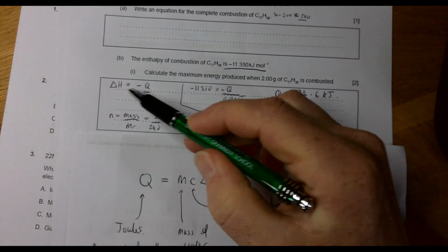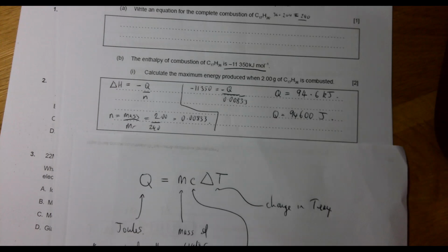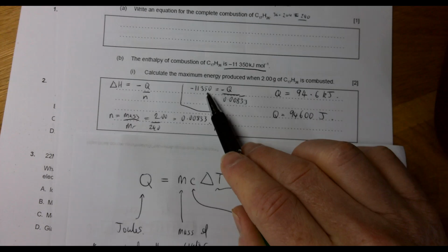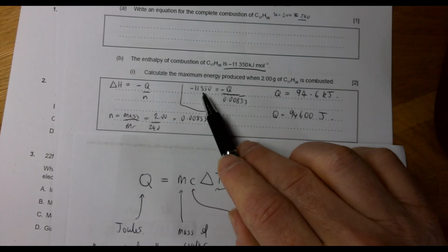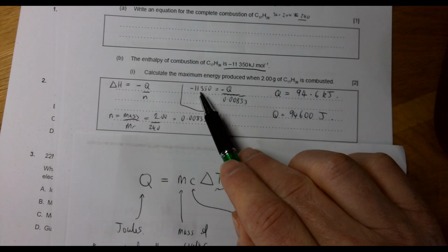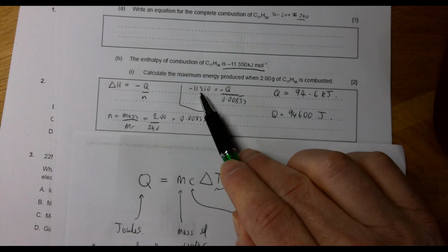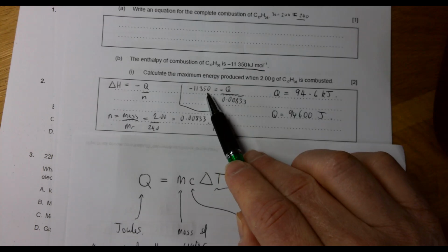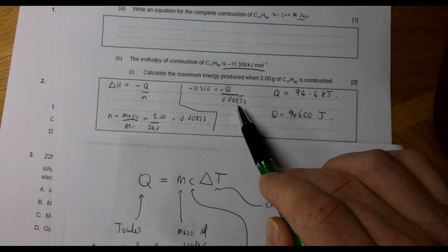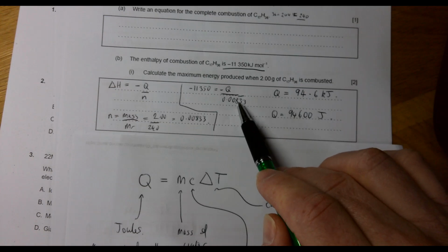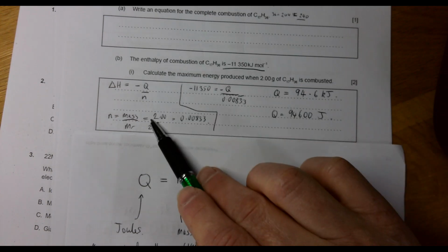So the equation is delta H equals minus Q over n. It's an exothermic reaction, so to work out Q, just put the numbers in and rearrange. So delta H equals minus 11,350 kilojoules per mole, a huge amount of energy, and I've worked out the number of moles by doing the mass of the fuel, which is 2 grams.